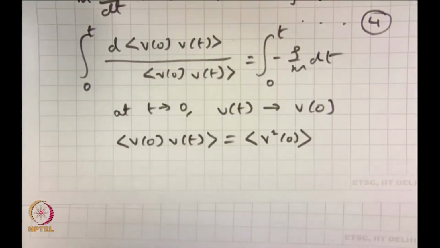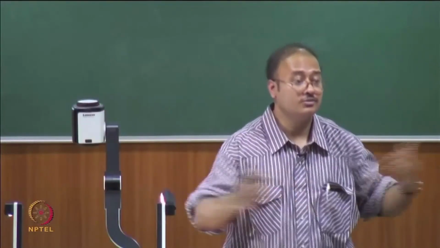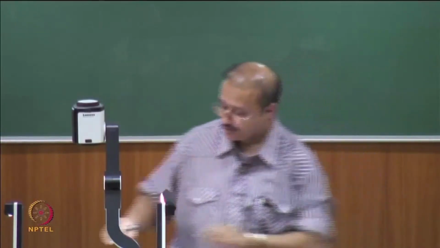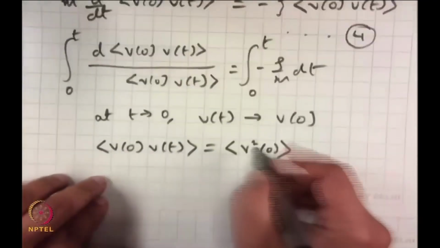What is dx over x? d ln x. So, it would be ln of V0 times V(t) over V0 times V0, which is V0 squared. Then you raise it to the power e. So, it comes V0 times V(t) is equal to V0 squared.